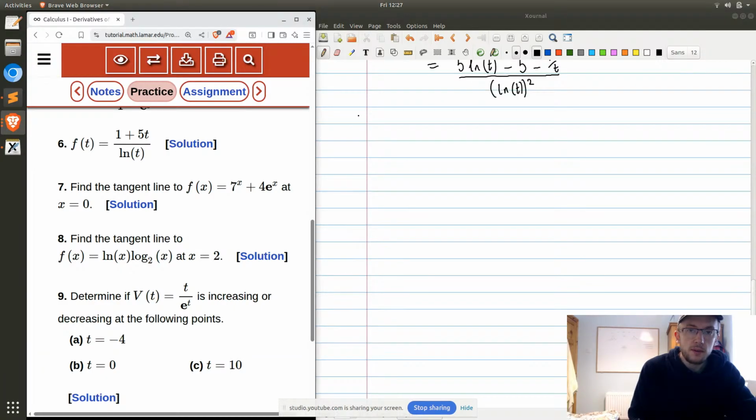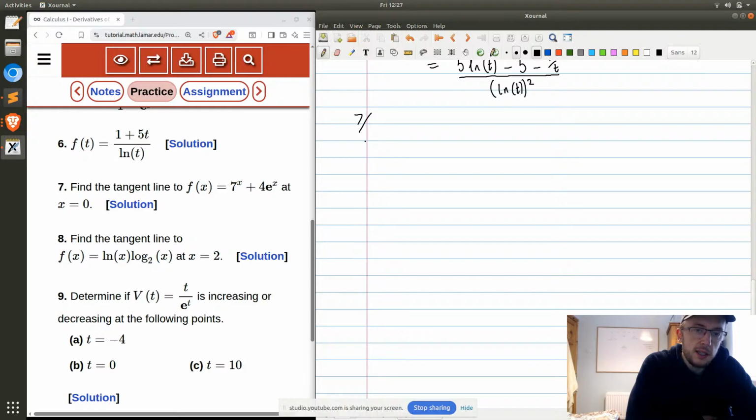7. Find the tangent line to f of x equals 7 to the x plus 4 e to the x at x equals 0. So first, compute f of 0.